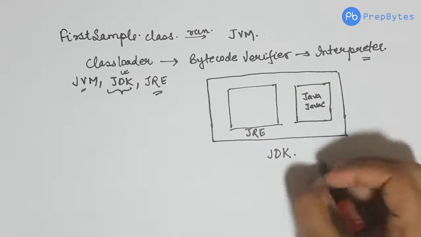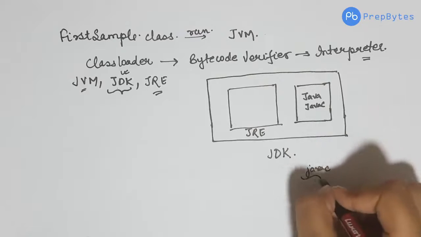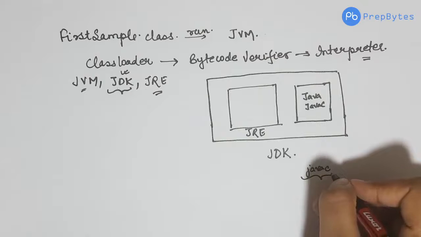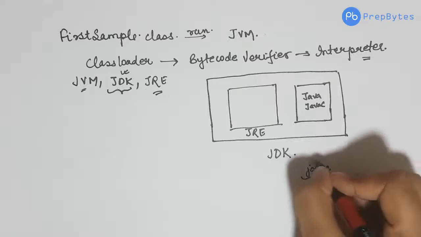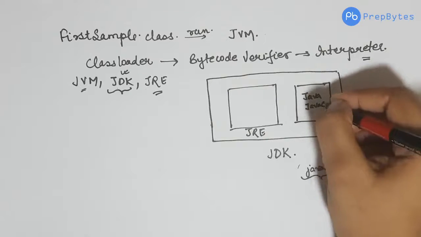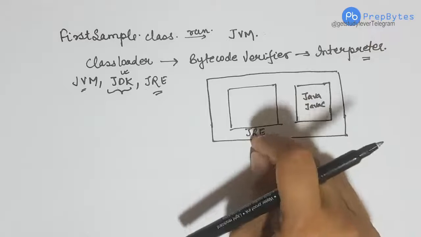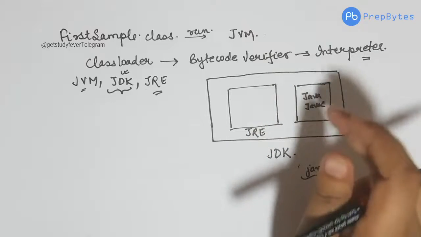Whenever I run javac with the name of the Java file, this is actually a tool or a program that is used to compile the Java code. The JDK has these tools in it. So the JDK is a whole package that has the JRE, which is the Java Runtime Environment, and these tools.